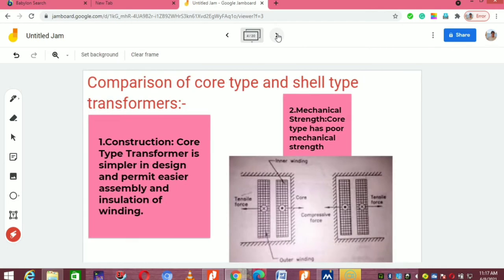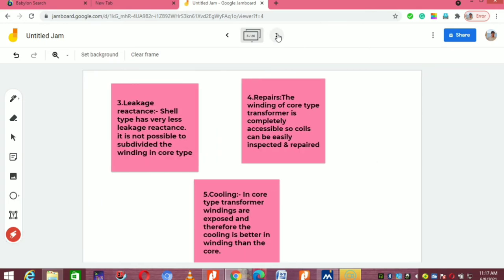Next, if you think about the leakage reactance, shell type has very less leakage reactance, because it is not possible to subdivide the winding in core type. In core type, you place half of the LV winding on one limb, then insulation, and again the HV winding.